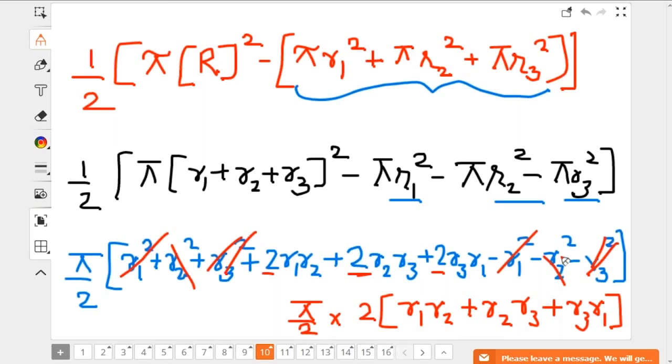Clear? This 2 and 2 get cancelled. Pi we can take as 22 by 7.